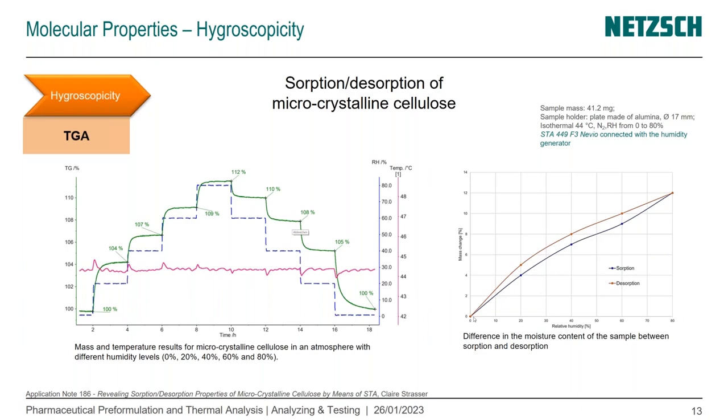So the initial and final points are the same, obviously. We come back to 100, but the way or the speed that the water is adsorbed and then desorbed is different. This is called hysteresis, and it's typical for porous materials.